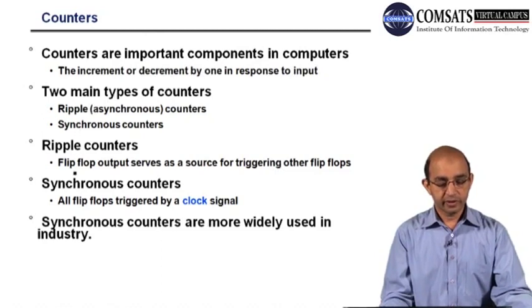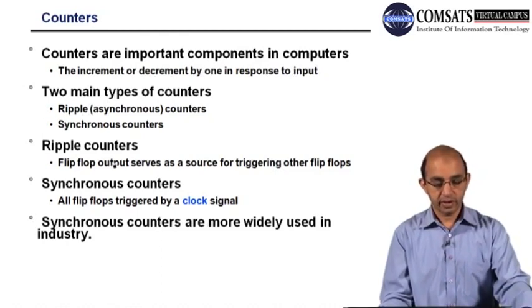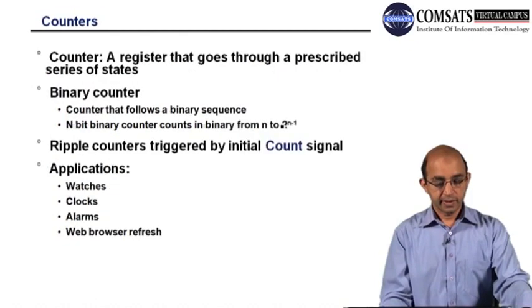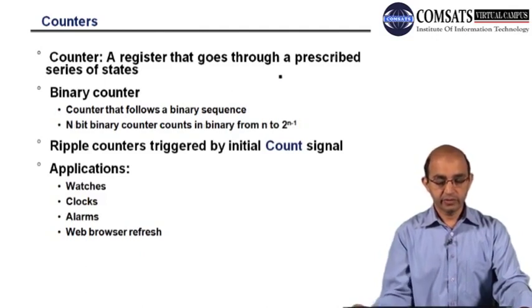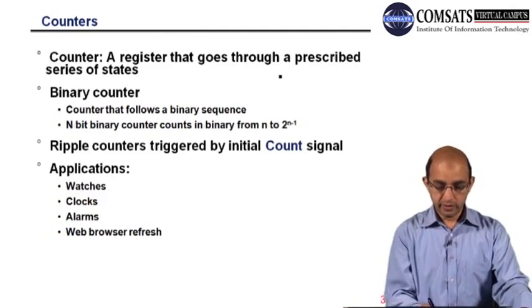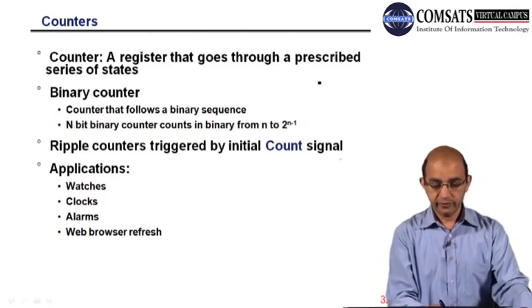We have discussed another sort of counter, the Johnson counter, where we have a feedback from the last flip-flop to the first flip-flop. And then we also have a binary counter, which can count depending upon the number of flip-flops used. For example, with 3 flip-flops, it can count from 000, 001, 010, 011, 100, 101, 110, and 111.